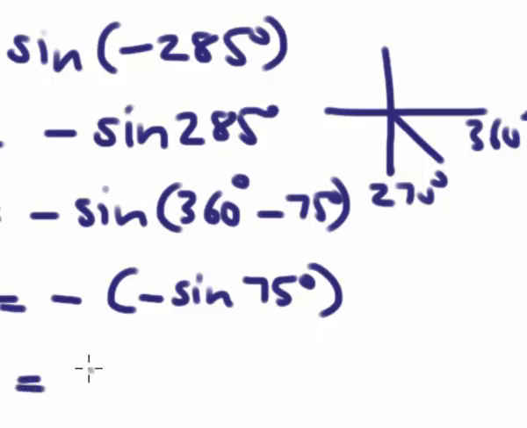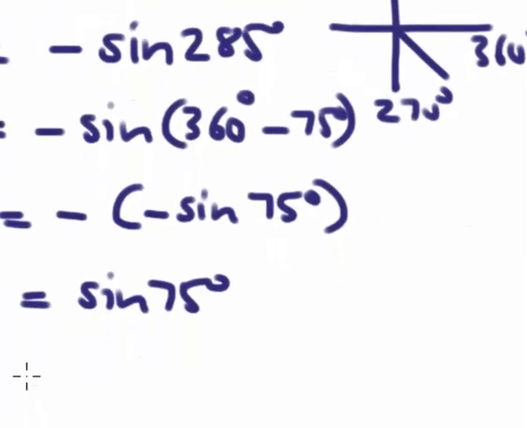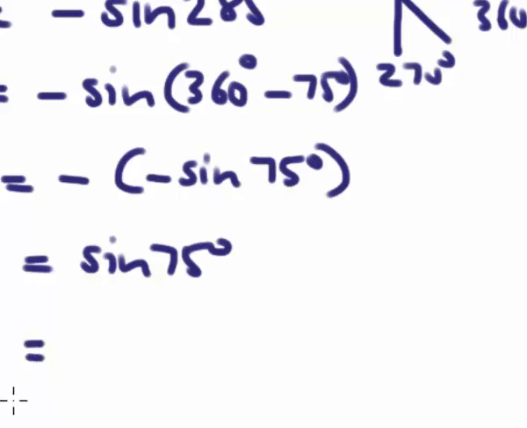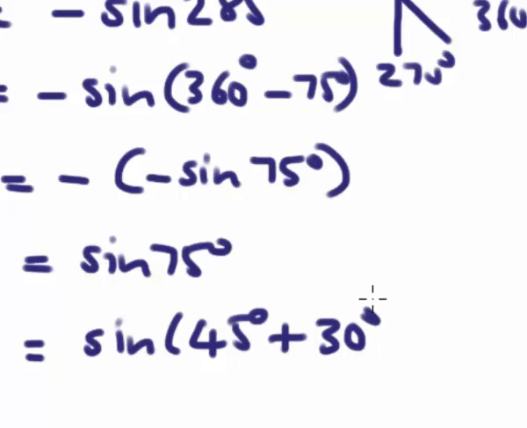If you go back to your grade 11 notes at school, you'll be able to do that, or just pick up on our lessons in grade 11, and you can get that. Okay, now sine 75 can be written as a compound angle, 45 plus 30.